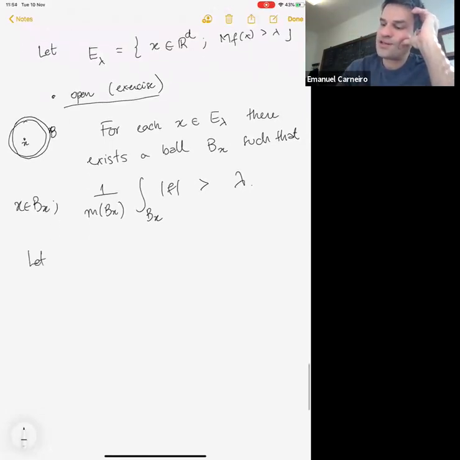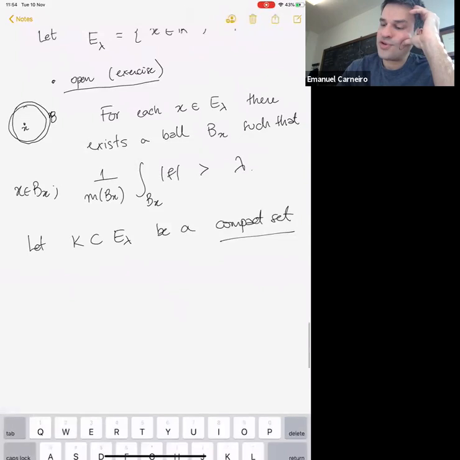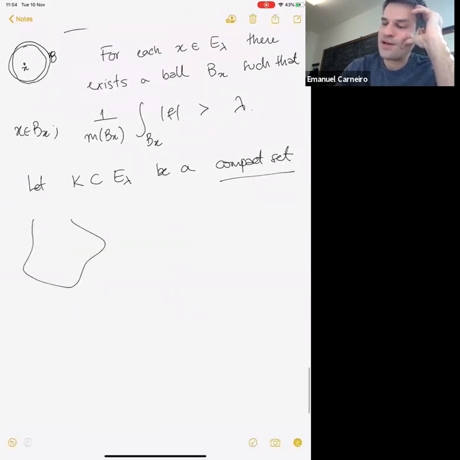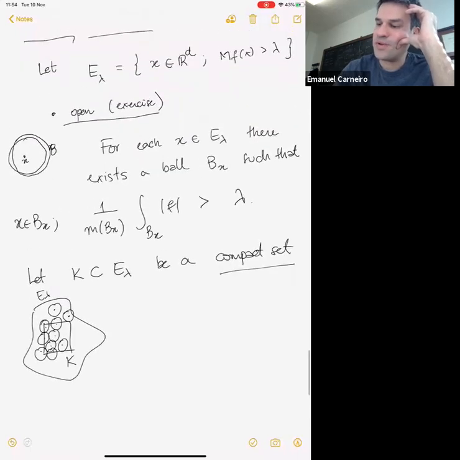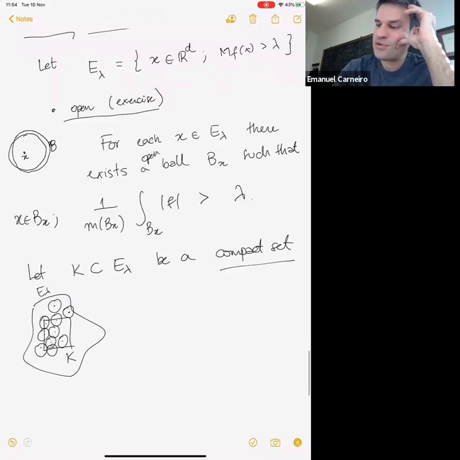What you do is you let K contained in E lambda be a compact set. So you have here your E lambda, you have here your K, which is compact inside. For every point in E lambda, there's a little ball here. We can choose this ball open. So this is an open ball Bx, which verifies this.